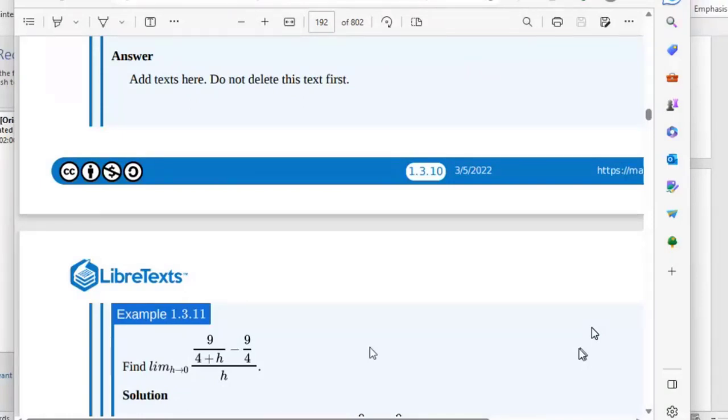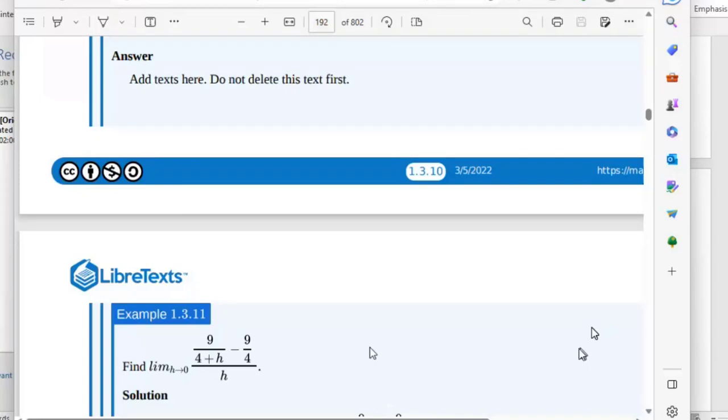By subtracting, 36 minus 36 is 0, and then the numerator is h, over 36 plus h, multiplied by 1 over h. And then after that I cancel h by h, and I remained with 1 over 36 plus h.